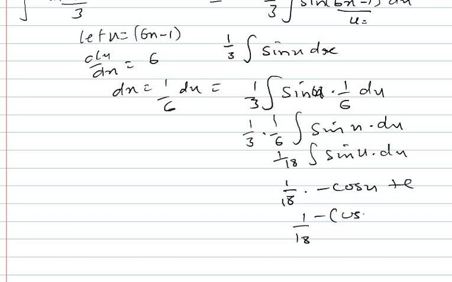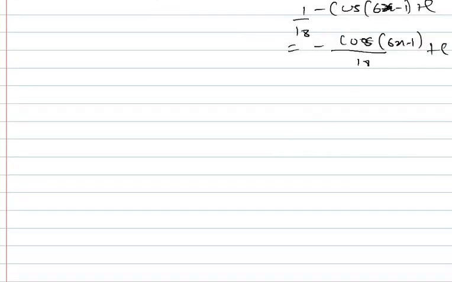So we have minus cos of 6x minus 1, all over 18, plus c. So the final answer is minus cos of 6x minus 1 all over 18 plus c.